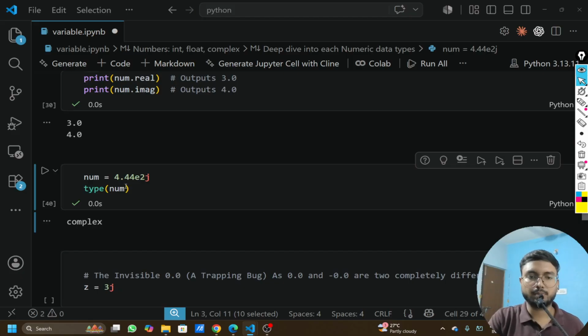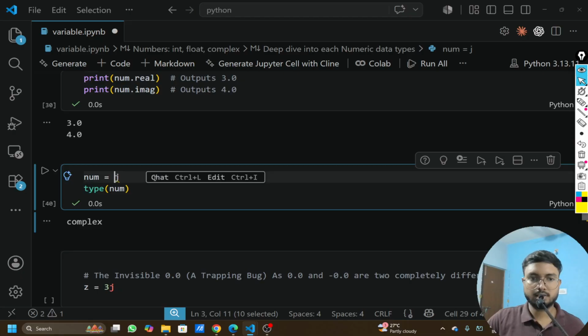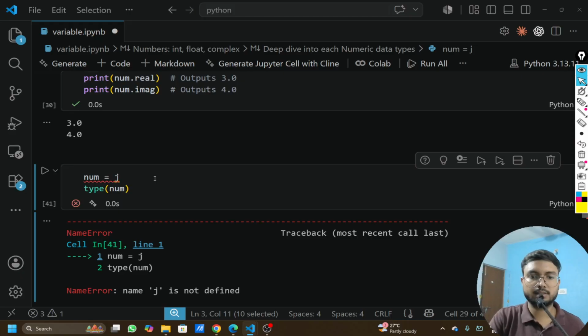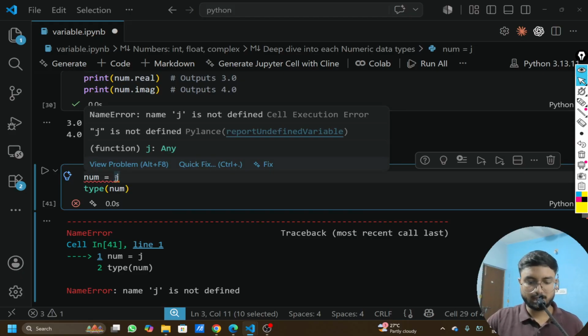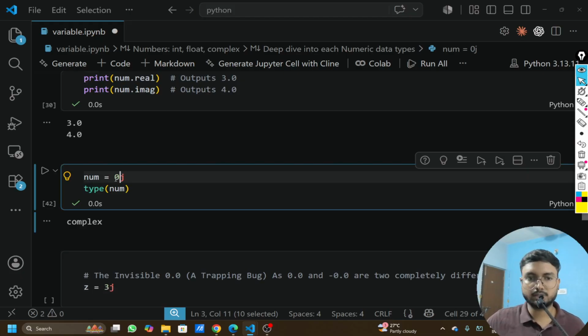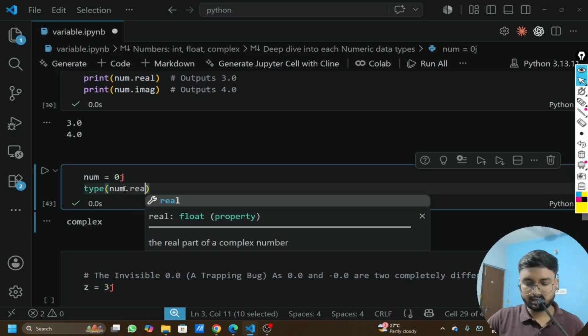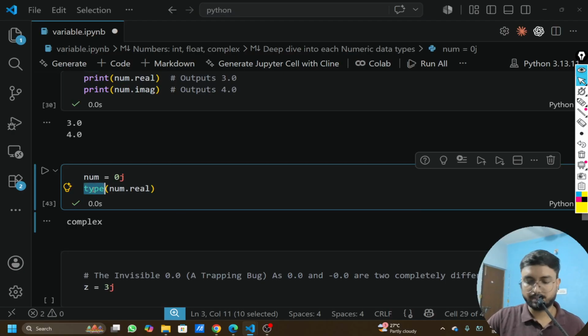Yeah, it's coming as complex. But if I remove the value and just keep j, will it come as complex? It's not coming. I need to have at least some value, even 1 is fine. If I just keep it 0, it will also give an output, and let's try to fetch the real part and the imaginary part here.